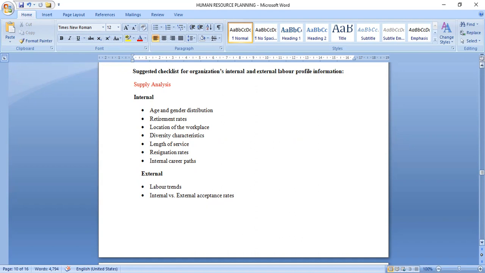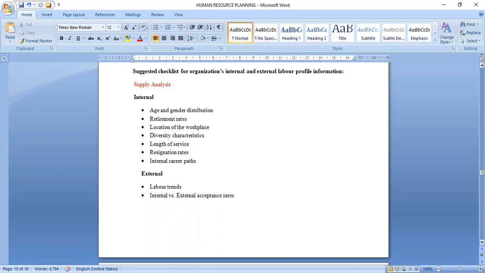So here, when we talk about the supply analysis, we are basically talking about the supply of labor. With the supply analysis, you will still scan and look at the internal factors and the external factors. With the internal factors, you'll be looking at, for example, the age and the gender distribution. Here you'll be able to look at the kind of workers that you need.